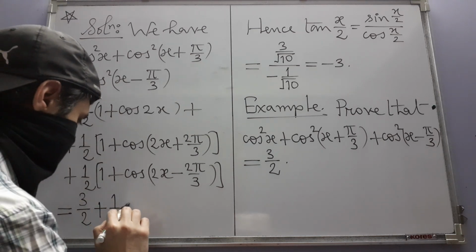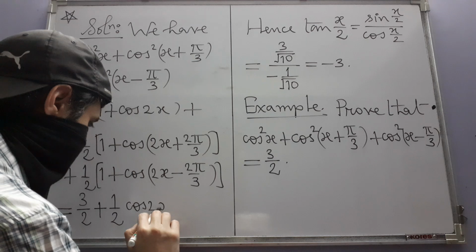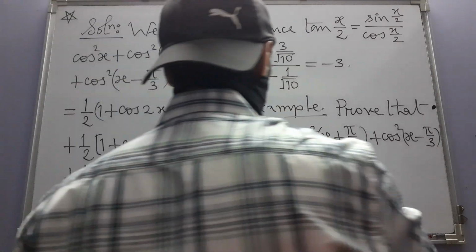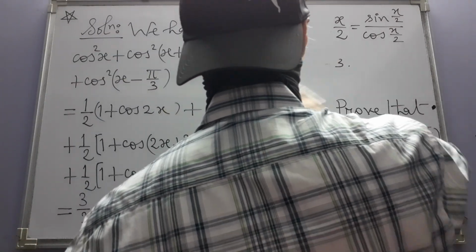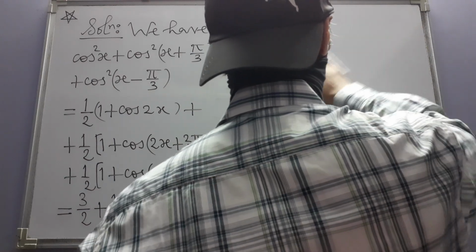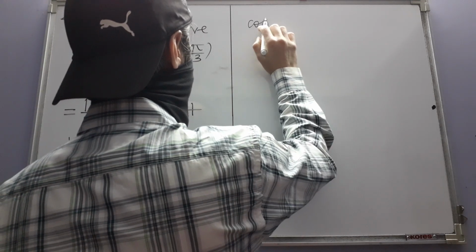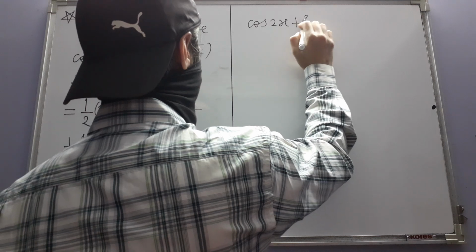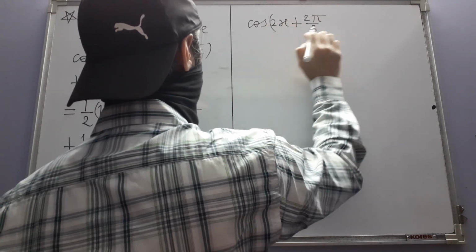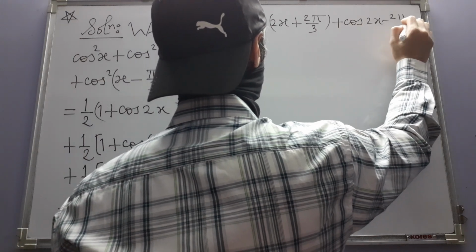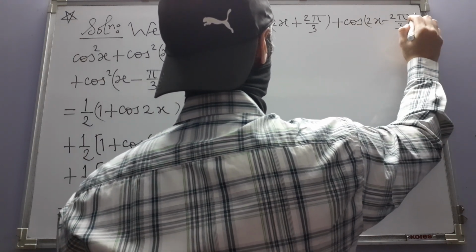1 over 2 times cos 2x plus cos 2x plus 2 pi over 3 plus cos 2x minus 2 pi over 3.